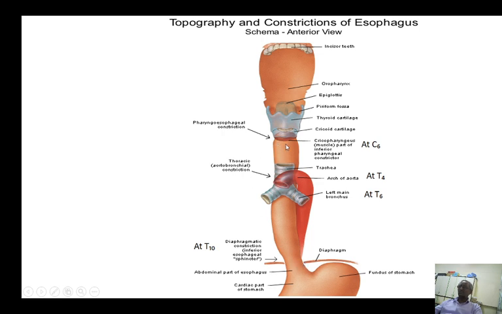In its course, the esophagus is posterior to the arch of the aorta in the beginning, then it comes to the right, and gradually it crosses over the anterior aspect of the aorta and goes to the left by the time it ends its thoracic course.